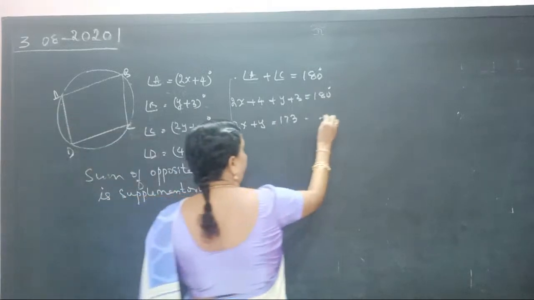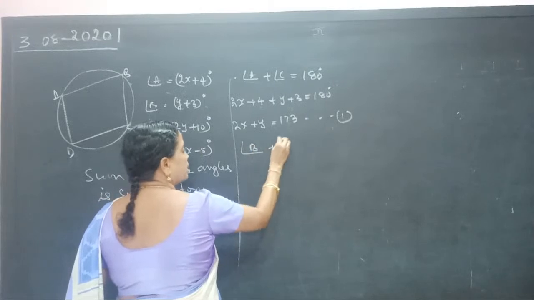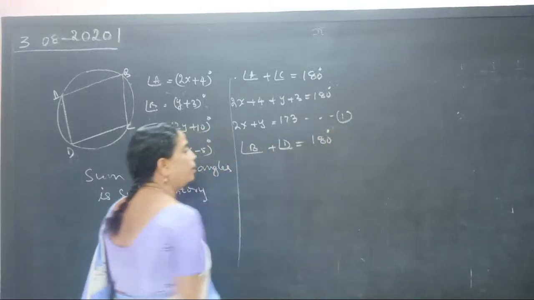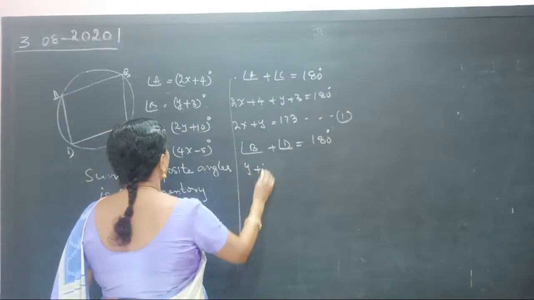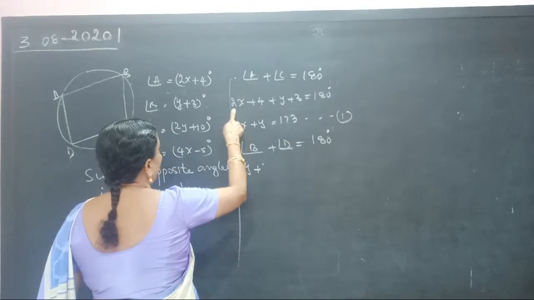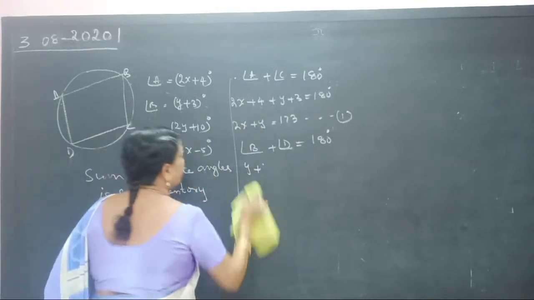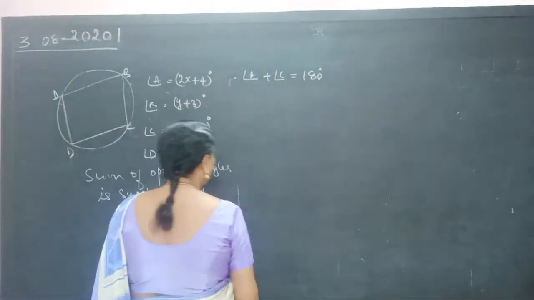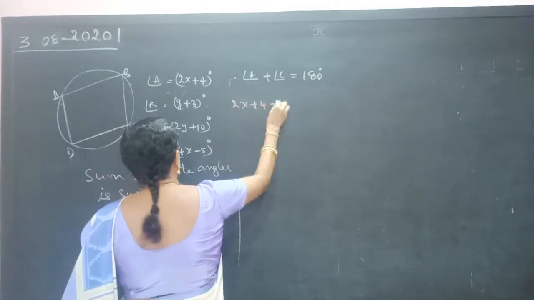Equation 1. And the second condition, angle B plus angle D equals 180 degrees, where angle B is y plus 3. I think I have taken the wrong value for A and C, I have taken the B value. Please change here. Angle A is 2x plus 4.